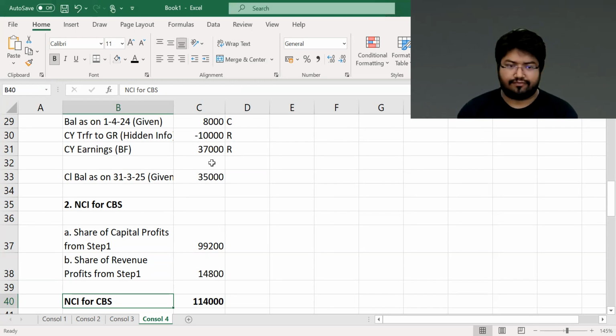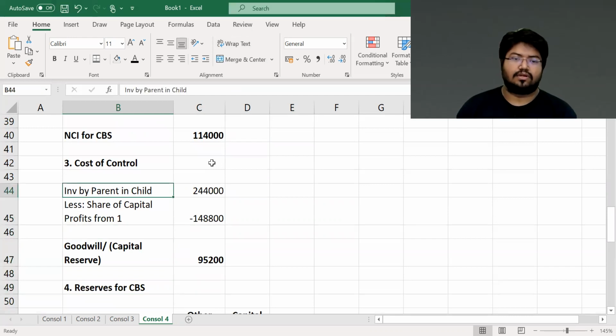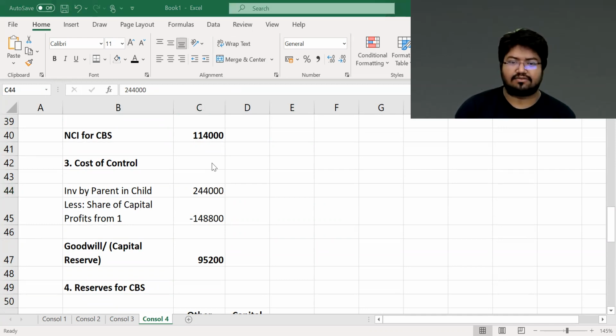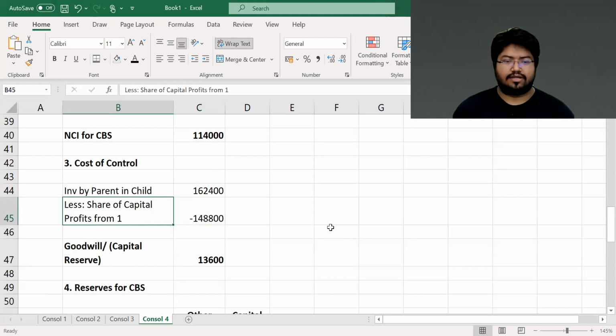After that, cost of control, investment by parent in child. Please take from parent's standalone financial statements. It is 1,62,400 given there. And share of capital profits, what they've got is 1,48,800. Hence, there is a goodwill of 13,600.